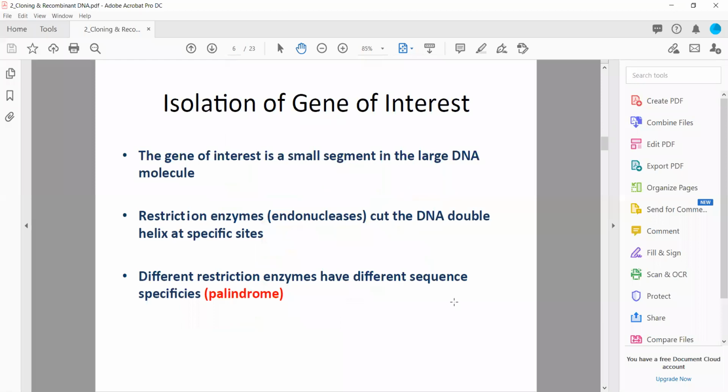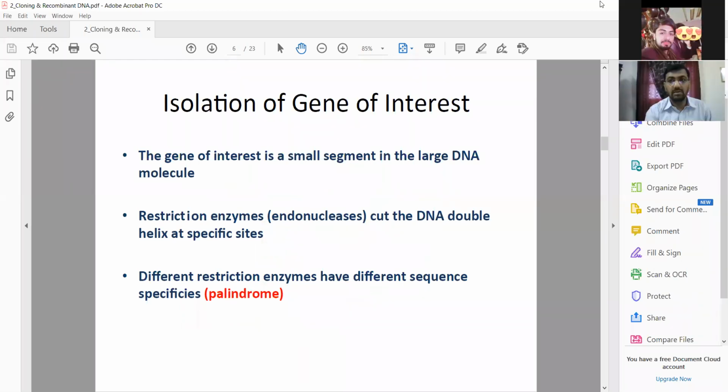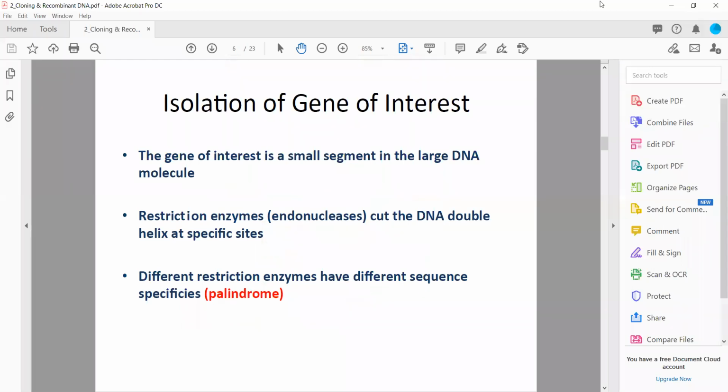Now comes the point of how we isolate the gene of interest. The gene of interest is a small segment in a large DNA molecule, and as I told earlier, we normally use PCR to amplify those segments.